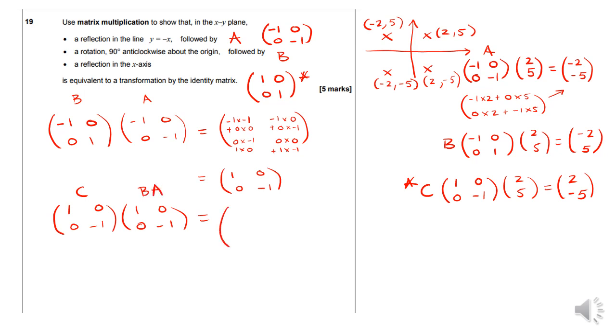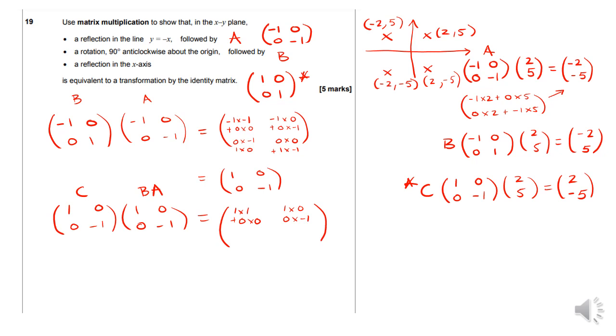So slightly bigger brackets this time, hopefully we won't run out of space. 1 times 1, add 0 times 0. And then the second column, so the top row by the second column, still 1 times 0 and 0 times negative 1.